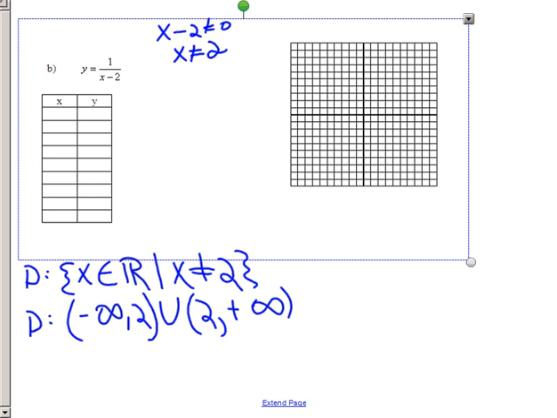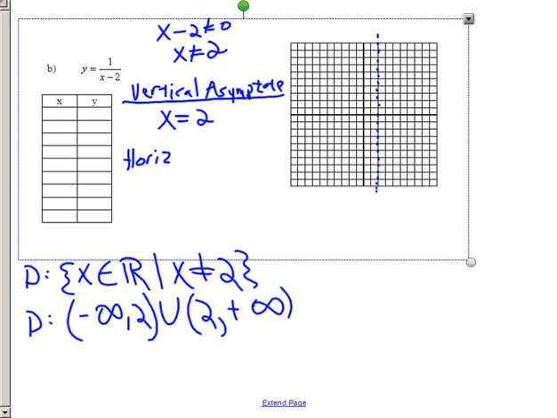So in this particular case, we have a vertical asymptote, and you need to tell me that it's vertical. We have a vertical asymptote at x equals 2. Once you locate an asymptote, it is nice to dot that in right away. In this case, we also have a horizontal asymptote.